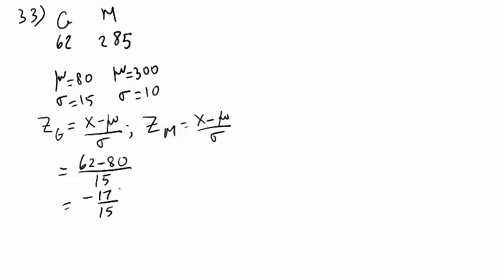You can divide using your calculator and then you will get the answer. For the other one, for the math, 285 minus 300. It's the value first and then the mean.